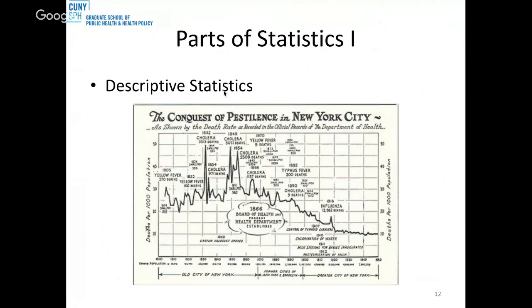And you can just see it going up and down with a few spikes. They've done an excellent job here of annotating it in ways to help you understand what these different spikes are. So you could look across and see what epidemics affected New York City back during this time and how much of an increase in the death rates they actually caused.